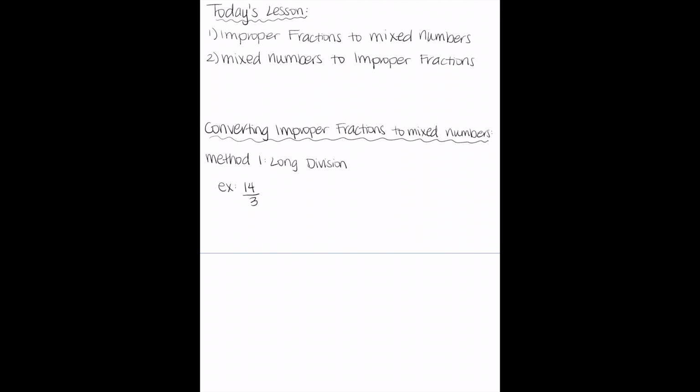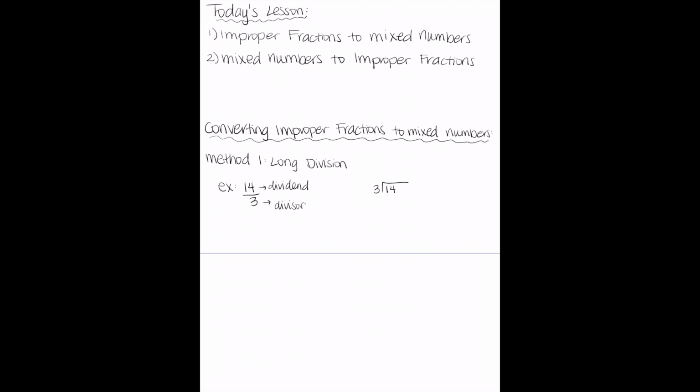So for this one, let's start with something like 14 thirds. As a review, this is an improper fraction because the numerator is greater than the denominator, right? Now, the two parts of the fraction that are important for our division are to determine which part is the divisor and which part is the dividend.